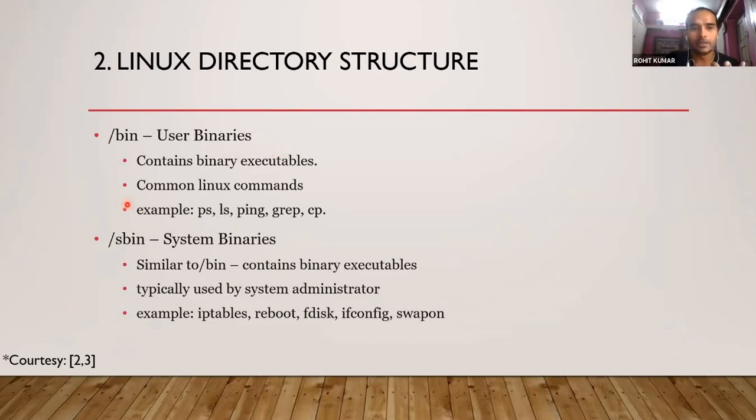So all of the common Linux commands, like you want to see the process, your files, you want to ping something, you want to grep, means search for a particular character or file name, you want to copy something, move, delete. Everything is a form of binaries.